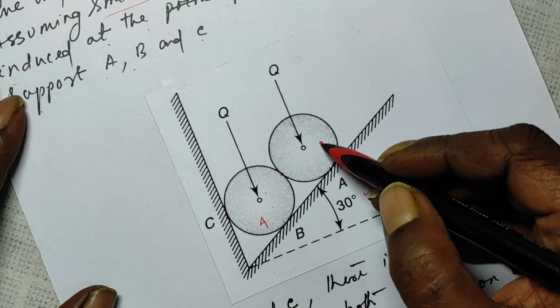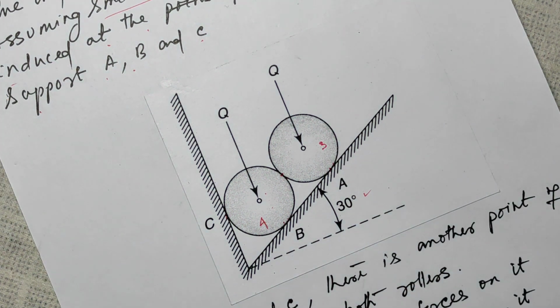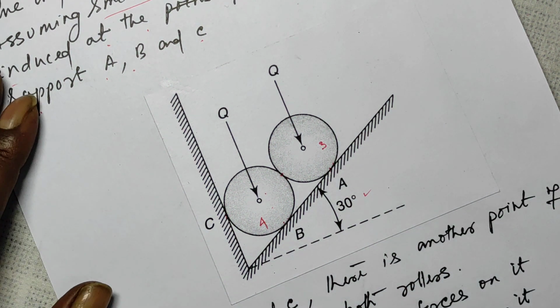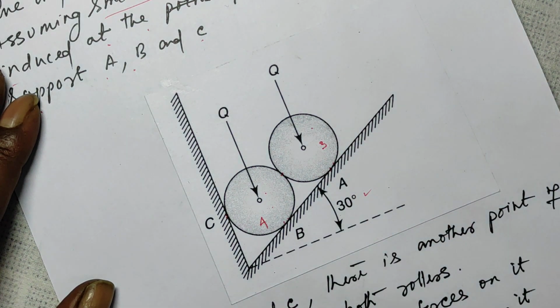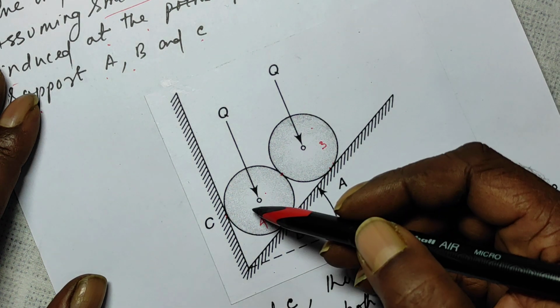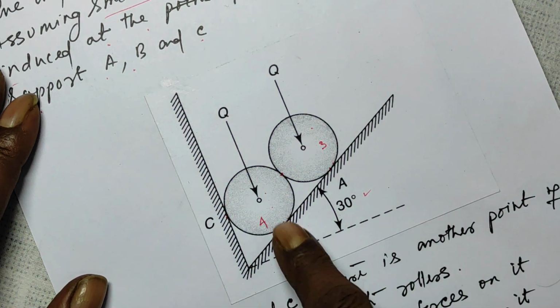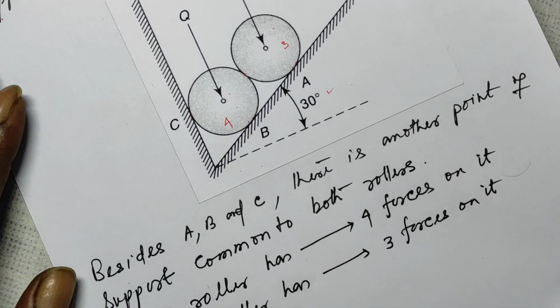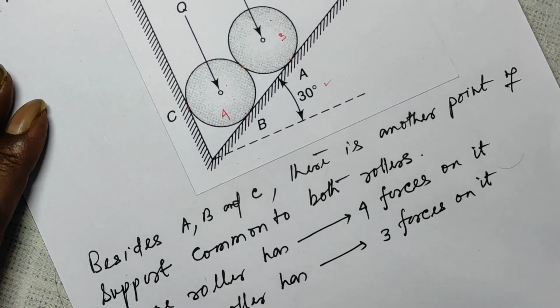So this is experiencing three forces. So we'll begin with the free body diagram of this roller by Lami's theorem. Then we'll come back to the second roller. That is what I have explained here.